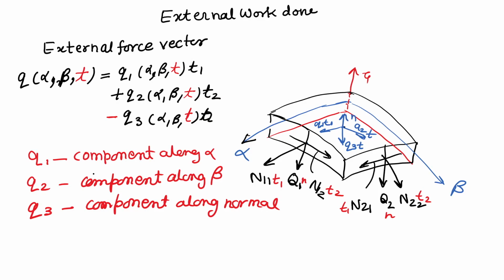So, q will be the component q1 along the alpha 1 direction plus q2 along the beta direction plus q3. Basically, our surface normal is upward, but when you apply a pressure, it will be in the opposite direction. That is why it is taken as q3 n. Basically, the normal is in the downward direction.